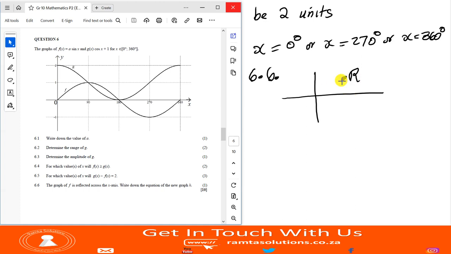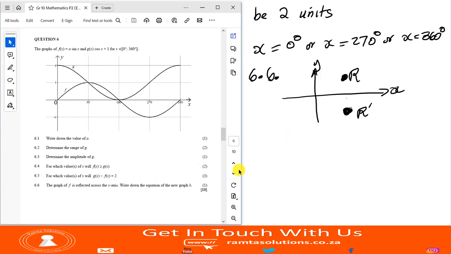When you reflect point Ramta across the x-axis, you will see his image, Ramta prime, on the other side of the x-axis. So as you can see, the points have the same x value, but the y values will be different. How different? They will just change the sign.